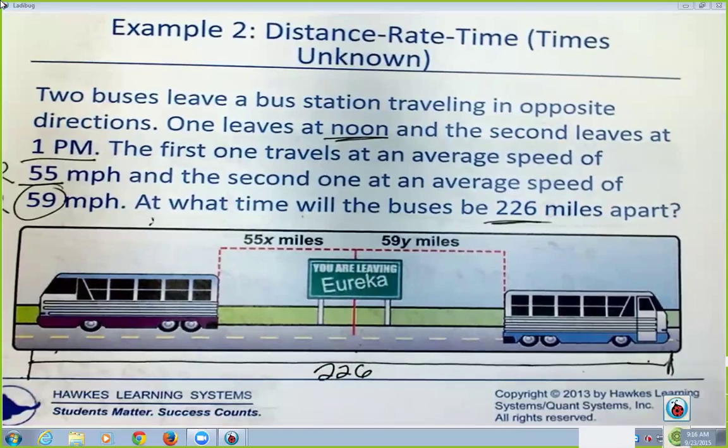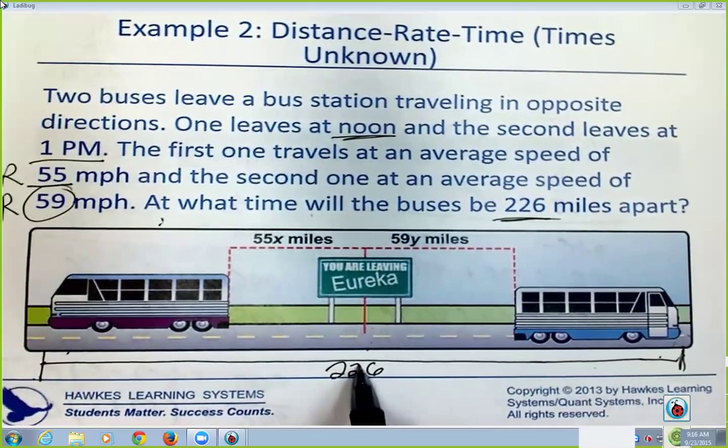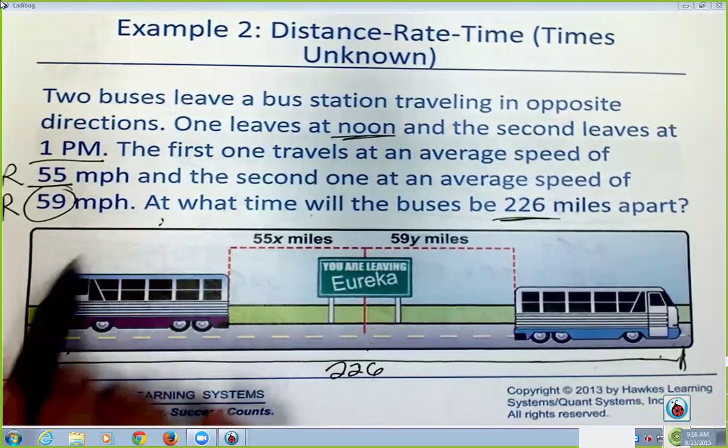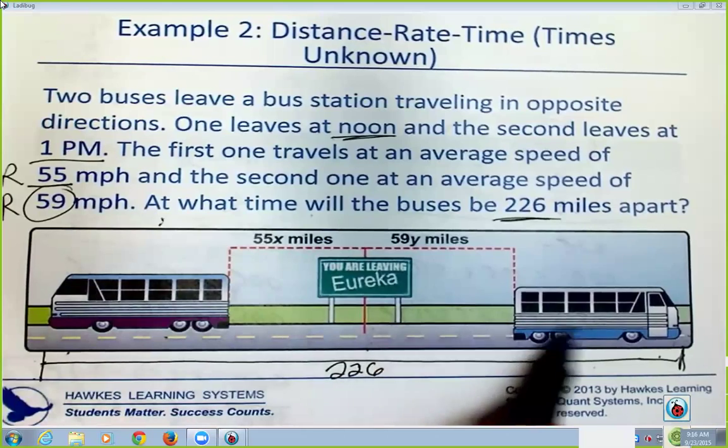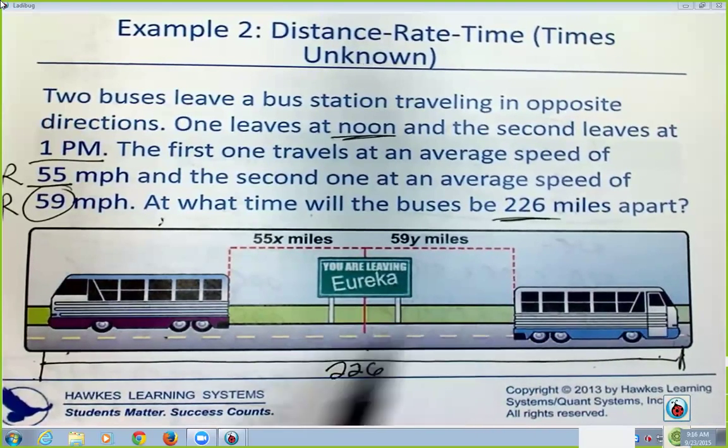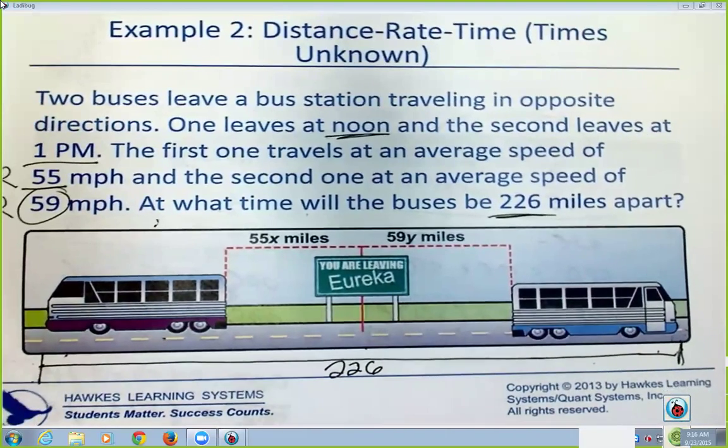Okay, so one's going one way and one's going the other way, and this distance gets split between the two. So to cover this full distance, it's going to be bus 1 plus bus 2, because they're traveling this distance and it gets added together. And that's important when you start looking at some of these, that you get that connection between the two.